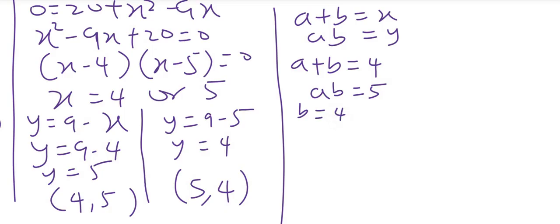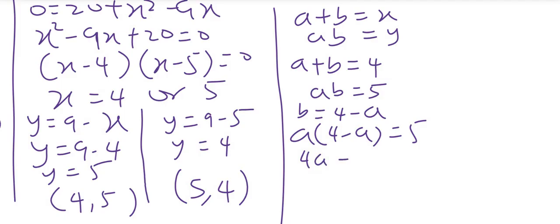B is 4 minus a. I'm substituting here now. A times 4 minus a equal 5. 4a minus a squared equal 5. So here I have a squared minus 4a plus 5 equals 0. Now let's factorize this. This is not factorizable.